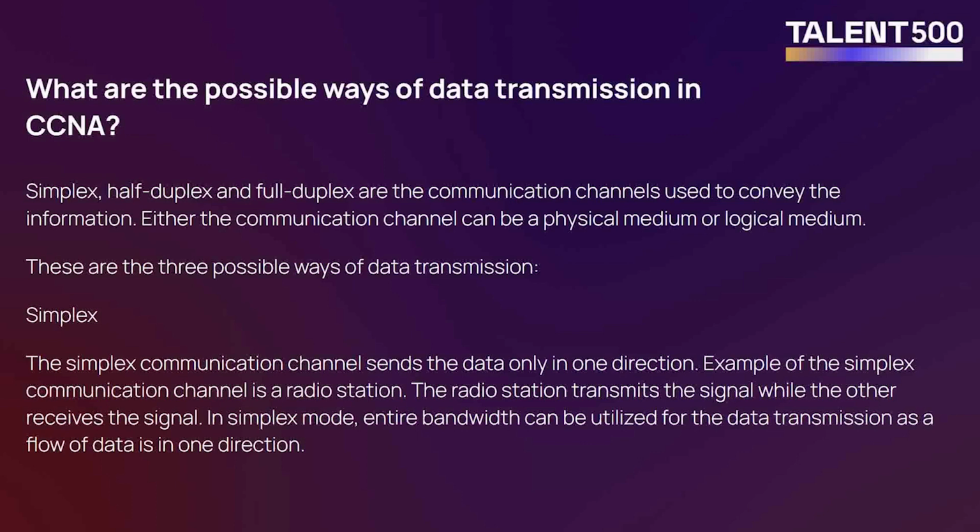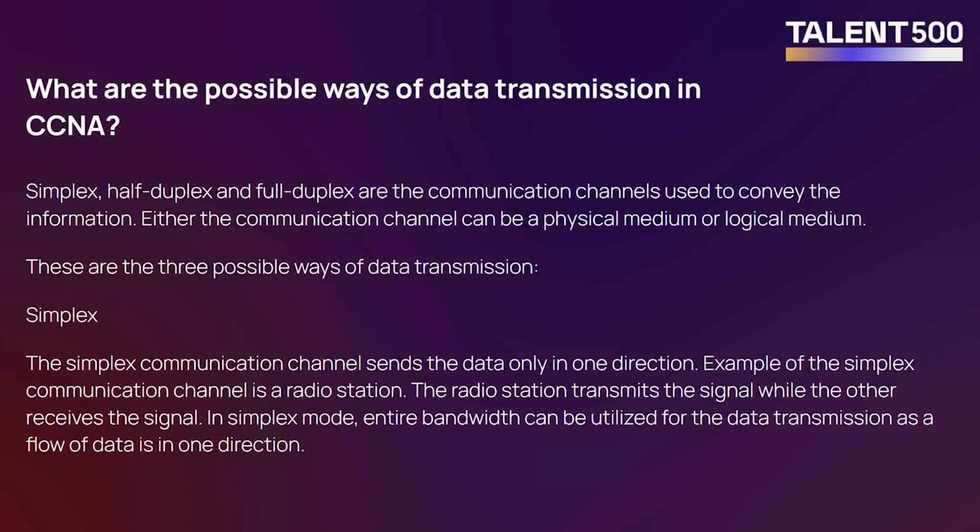Let's understand the first one, which is Simplex. The Simplex communication channel sends the data only in one direction. For example, a Simplex channel could be a radio station, where data transmission is only happening from the radio station. The radio station transmits the signal while the receiver receives the signal.